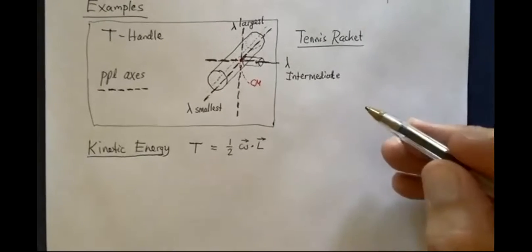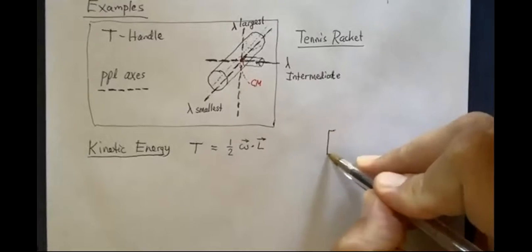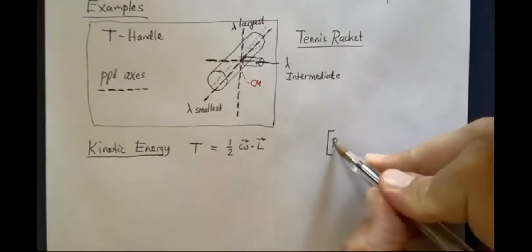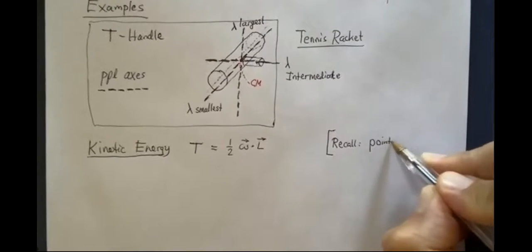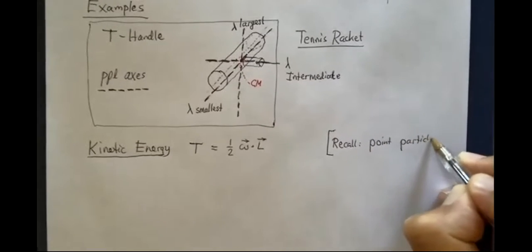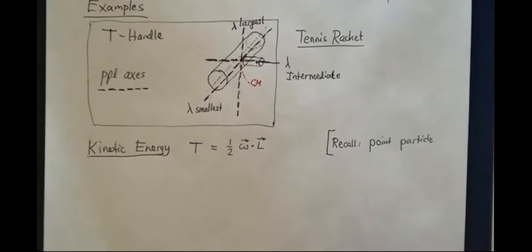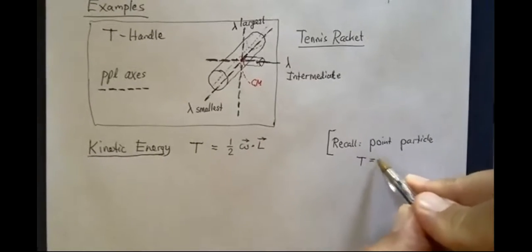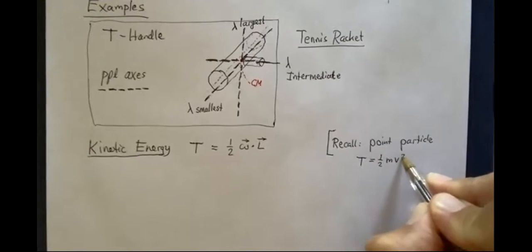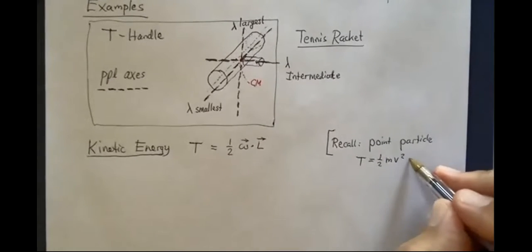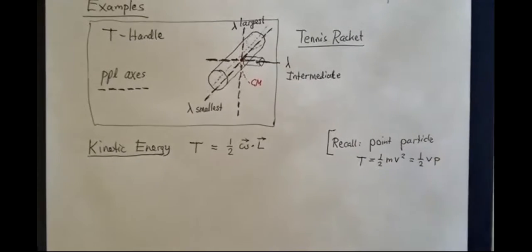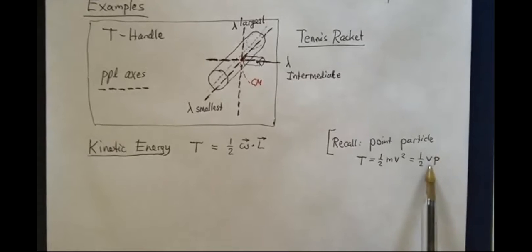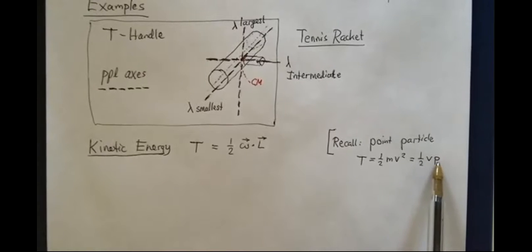Let's recall the kinetic energy of a point particle. So I will make a parenthetical remark here, recall. For a point particle, the kinetic energy 1/2 mv squared is equal to 1/2 the velocity times the momentum, and I should say the speed. 1/2 the speed times the momentum.